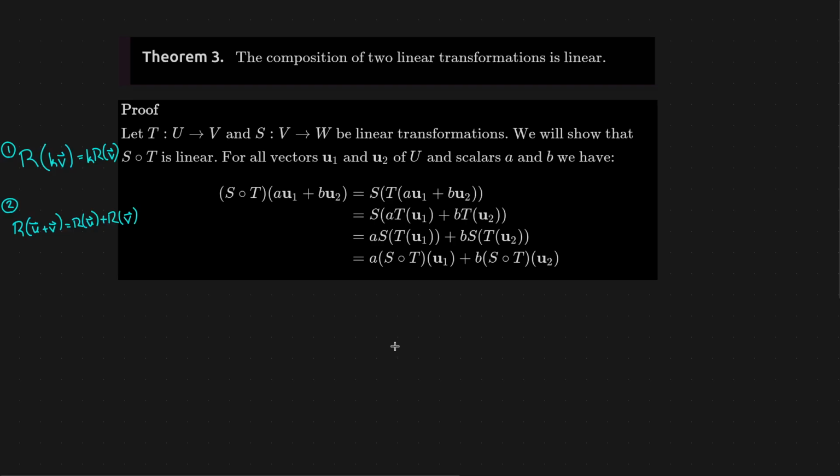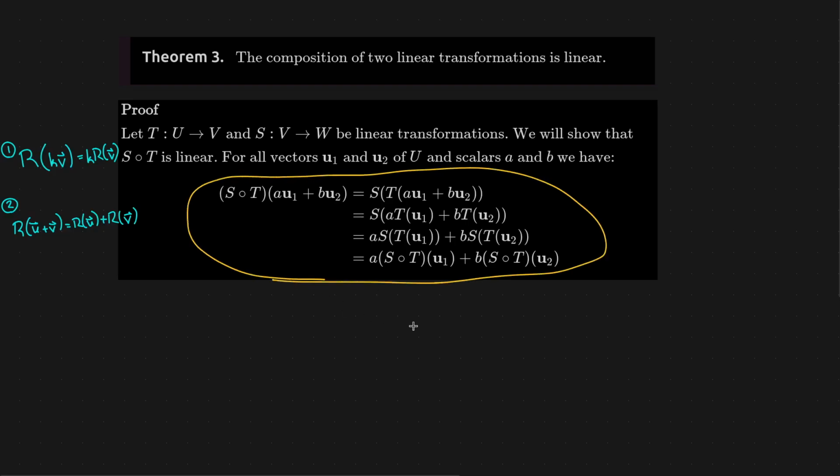If we choose, say, B equals 0, then that term goes away, and we've shown condition 1. And if we take the case where A and B both equal 1, then that is equivalent to condition 2. Showing that linear combinations are preserved is equivalent to showing both of these properties.